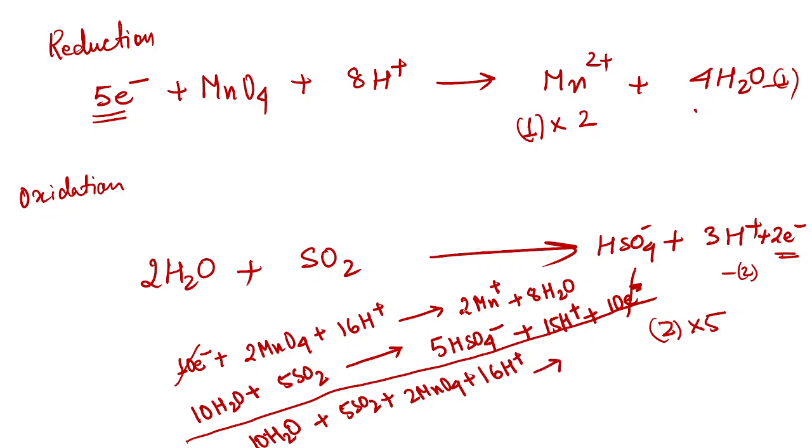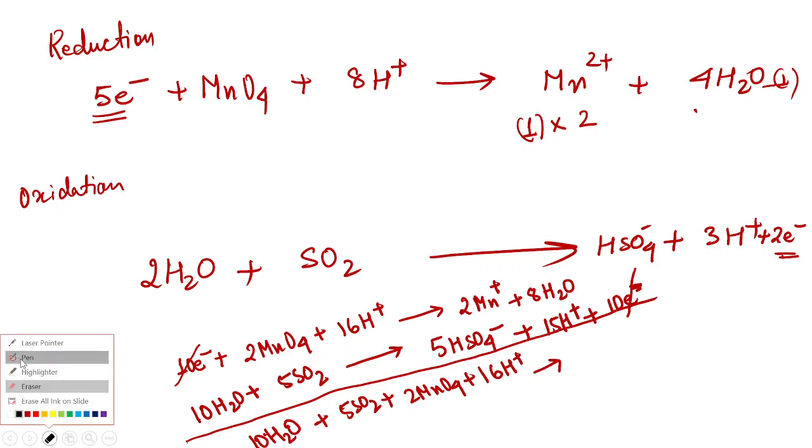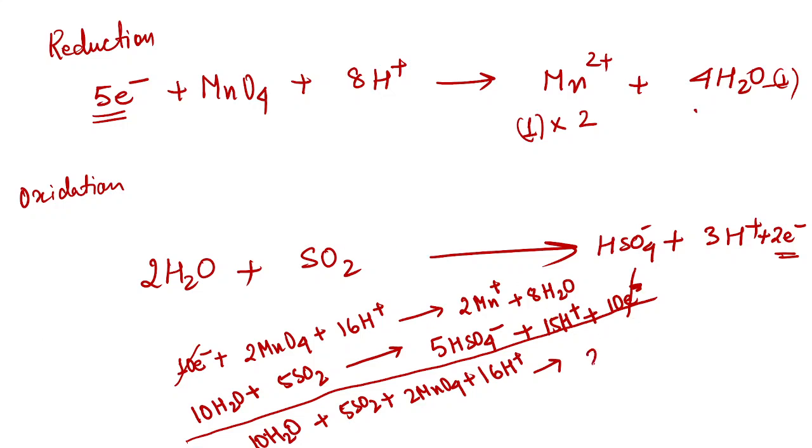This will be changing to 2 Mn positive plus 8 H2O plus 5 HSO4 negative plus 15 H positive. This is the reaction. Now from here, whatever the like terms are, you bring them together on one side.